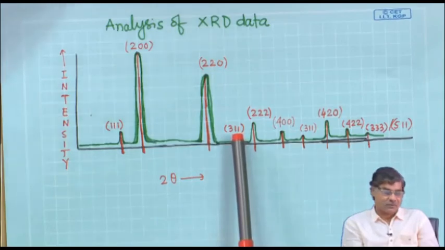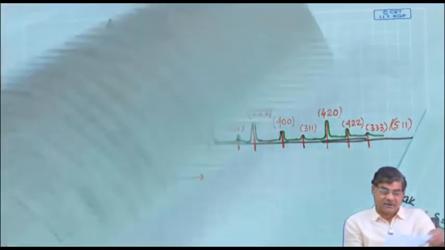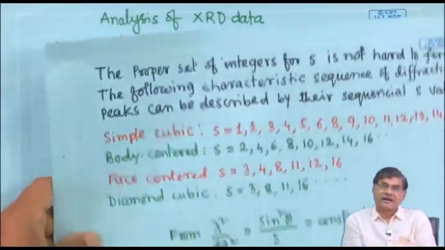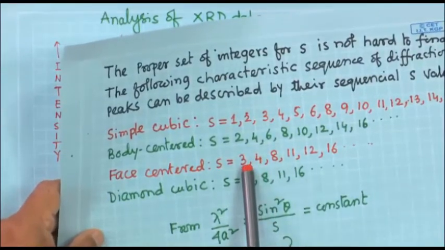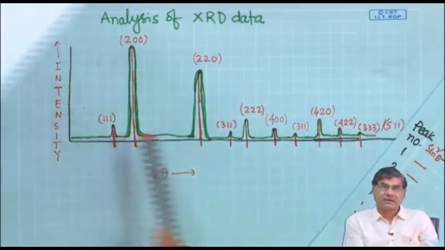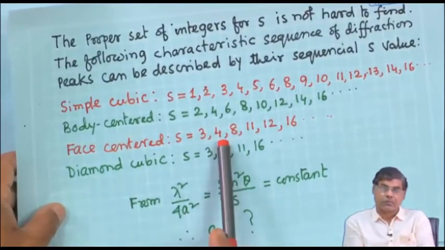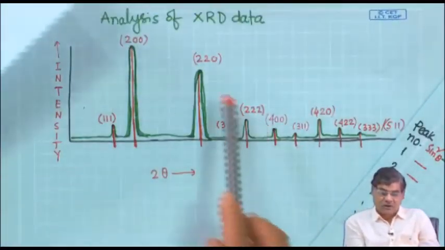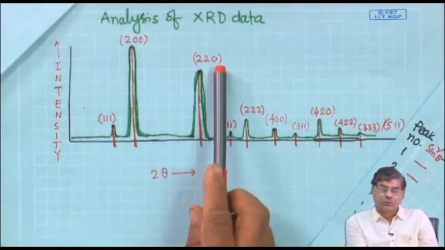For face centered, what I told you is that S equal to 3 means 1 1 1. Then S equal to 4 means 2 0 0, the second peak. Then the third peak for face centered cubic is 8, that is 2 2 0.